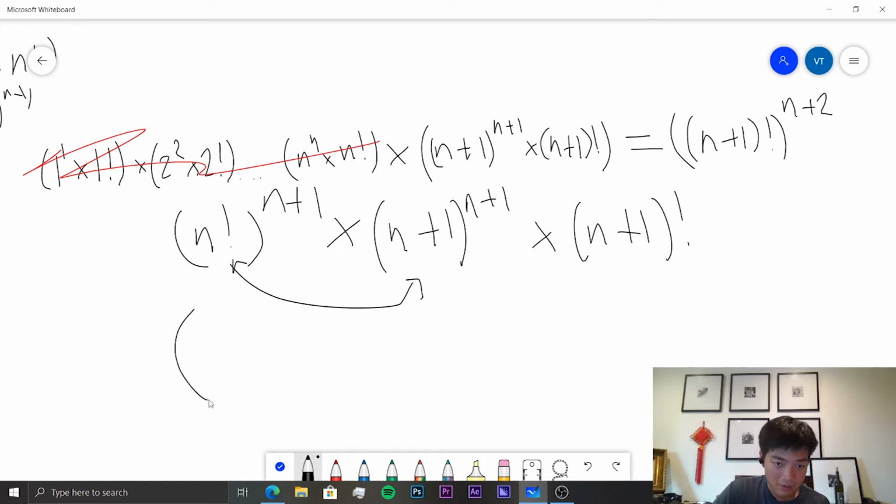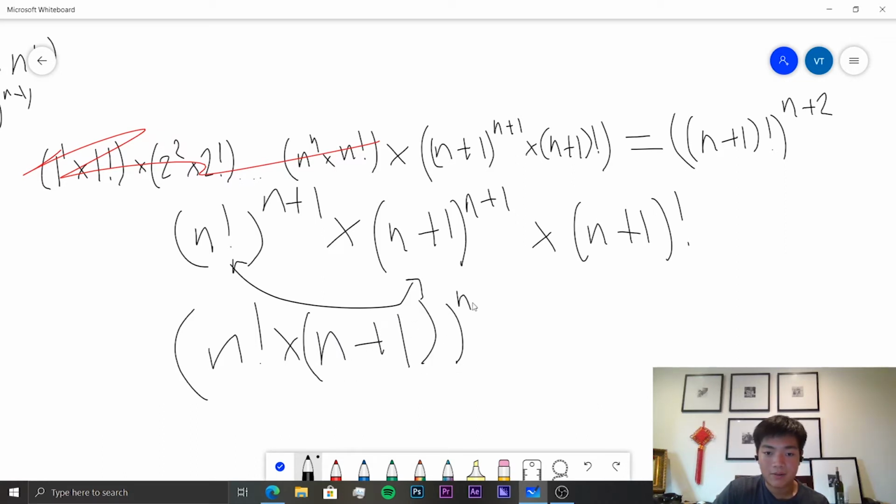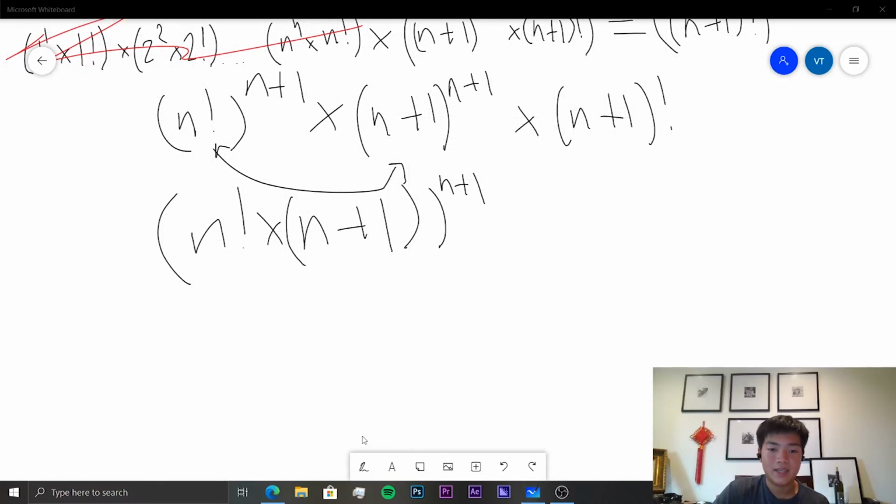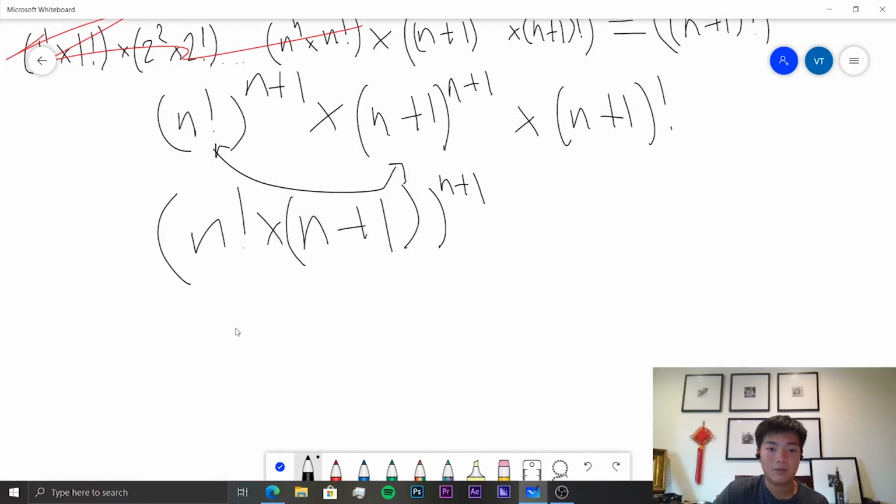Let me show you how. Because they're of the same power, it's the same as saying it's n factorial times (n plus 1), all to the power of n plus 1. And since this is the case, we know that n factorial times n plus 1 is actually equal to (n plus 1) factorial.